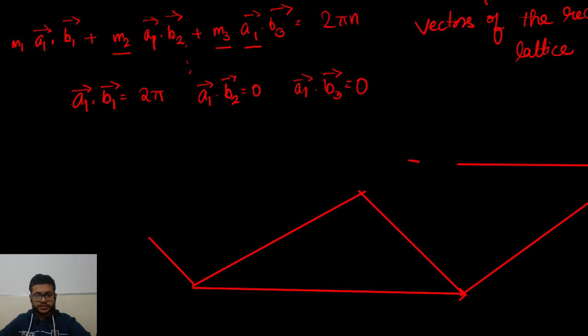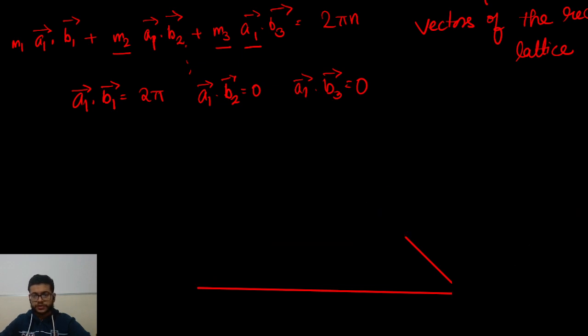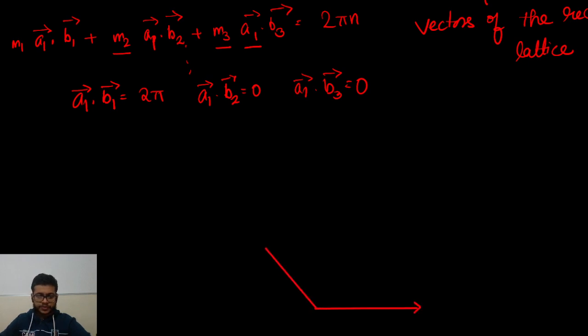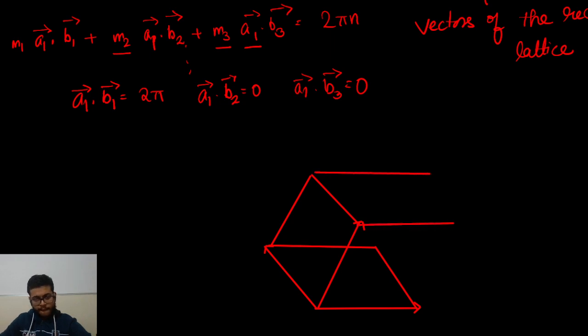So let's say there is a vector, another vector, and another vector, in 3D space. It makes a parallelepiped. So this is a1, this is a2, this is a3.